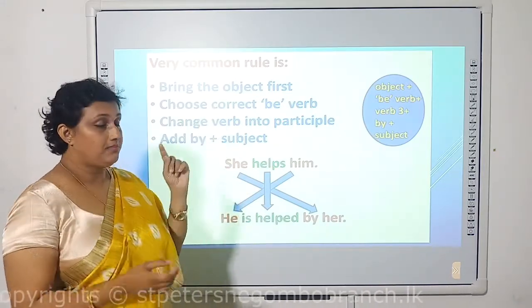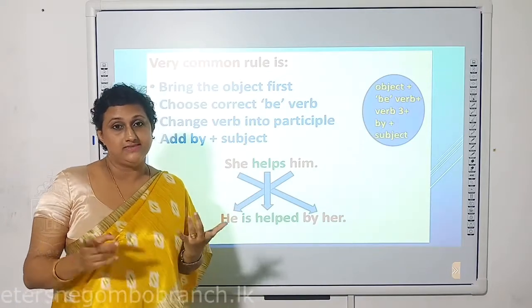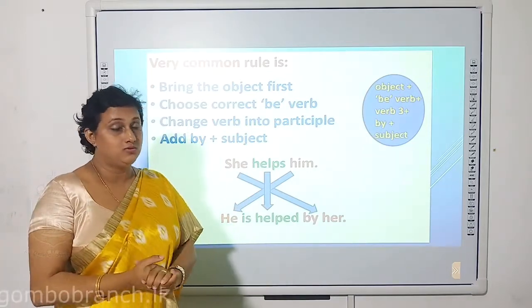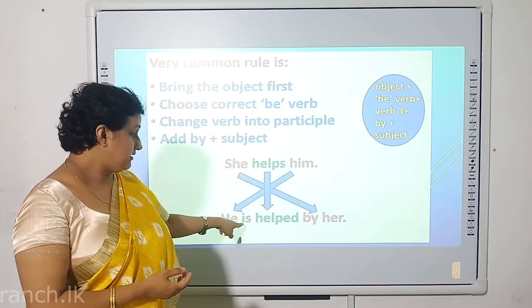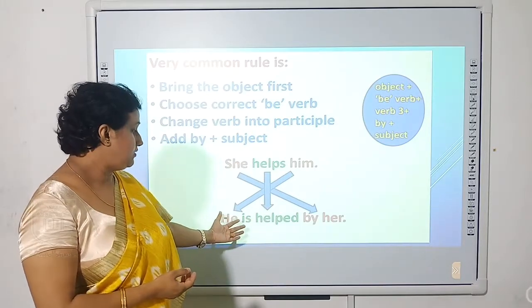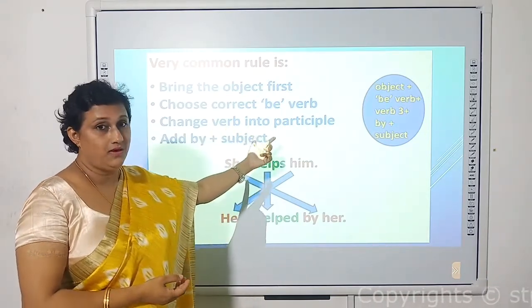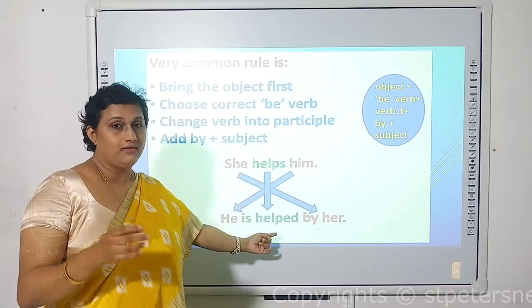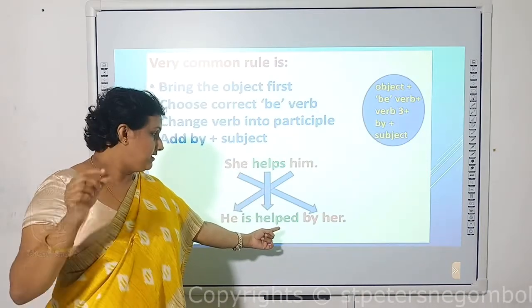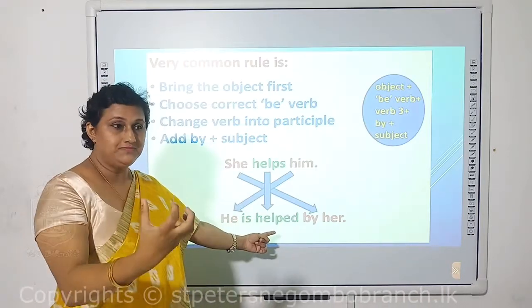And choose the correct be form. You all know the be words, auxiliary verbs, helping words: am, is, are, was, were, has, have, had, and been, those stuff. So you have to choose the correct be word according to the subject, right? So here I have used the word he, and then change the verb into past participle, right? Helped is not the simple past tense, but it's the past participle of the verb, right? So help, helped, helped.